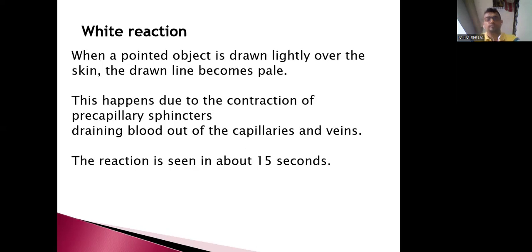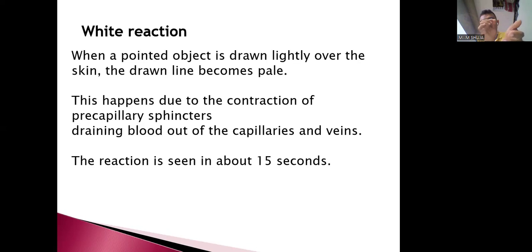So there are two reactions: white reaction and hyperemic reaction. White reaction is if you have a pen or a sharp thing and you just draw a line like this, you will get a line, then it becomes pale. Okay, you just draw a line.